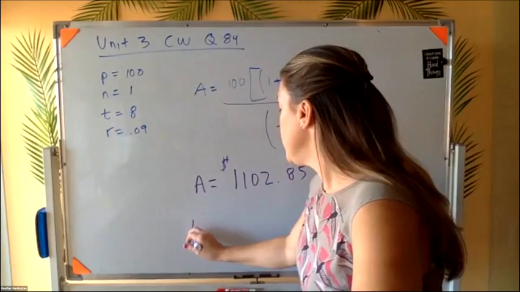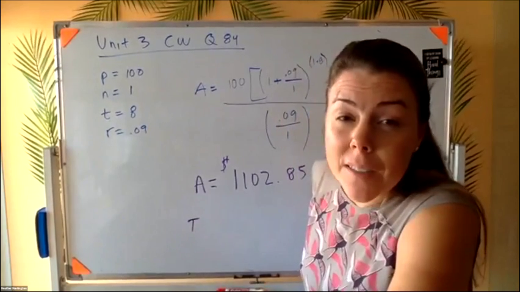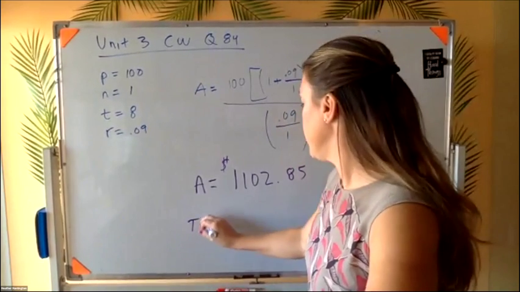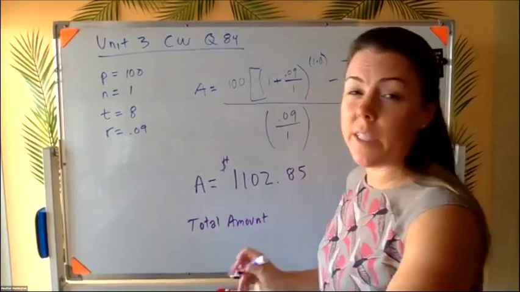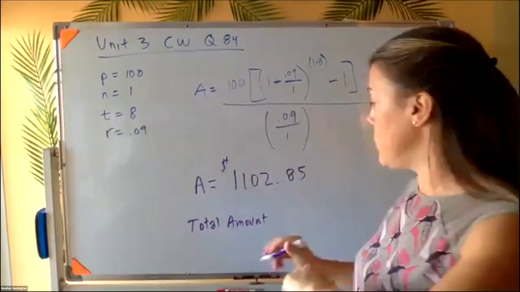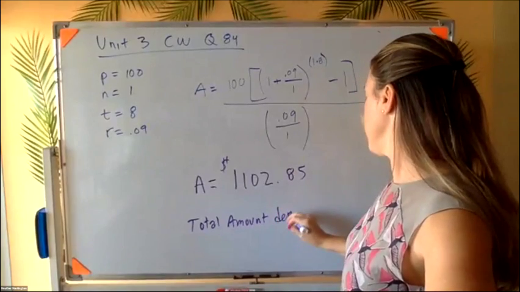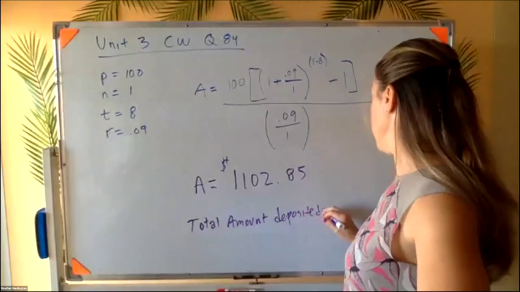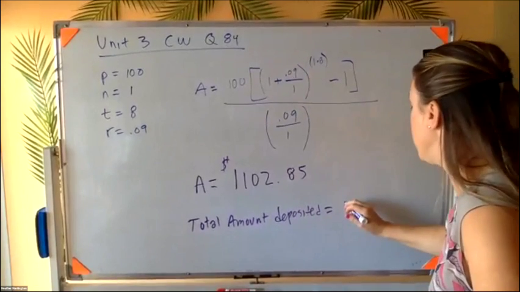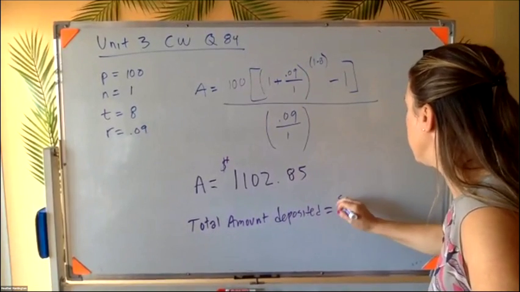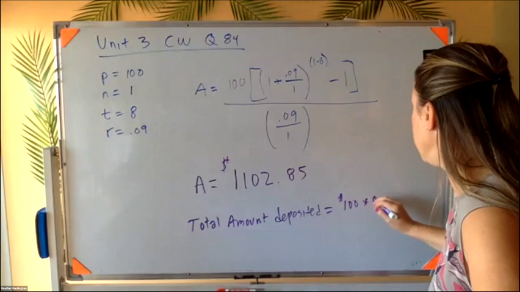So what is the total amount that we've deposited? I always like to consider this for me to consider if the answer seems reasonable. So every year we're depositing $100, so it's $100 times 8 years.